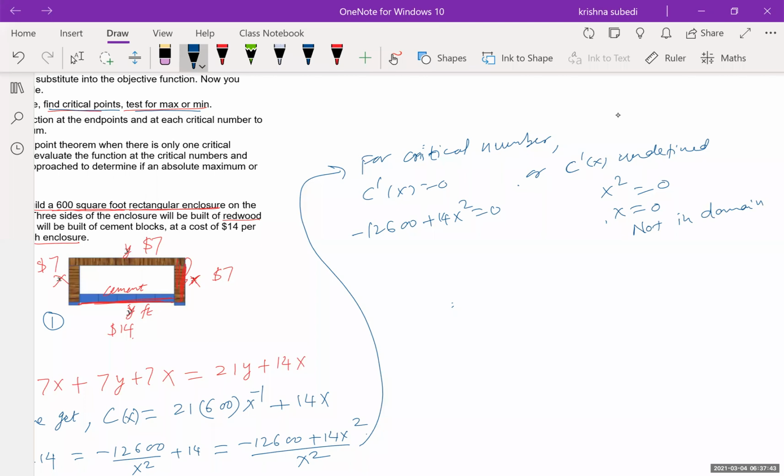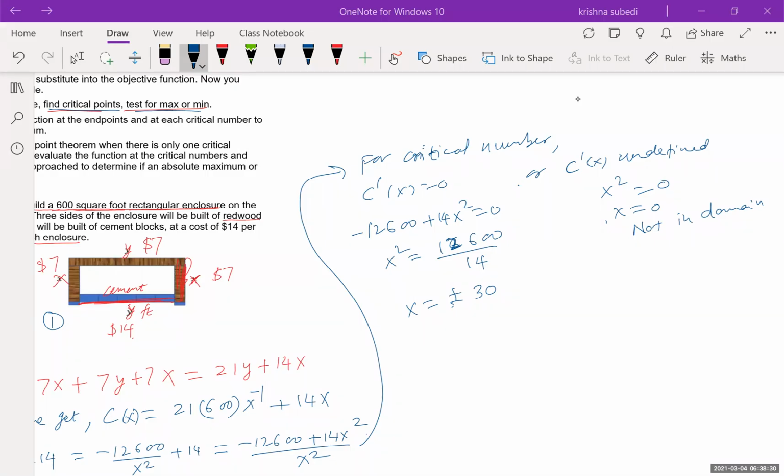And from this one, solving this, you're going to get x squared equals 12,600 divided by 14. So x equals positive and negative 30. Is that right, guys?